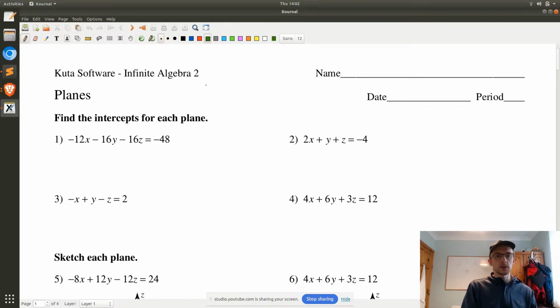When an equation looks like this, ax plus by plus cz equals d, where a, b, c, d are numbers, like 2x plus 3y plus 4z equals 5, this creates what's called a plane.